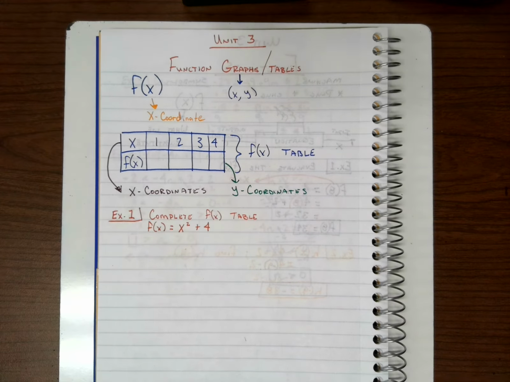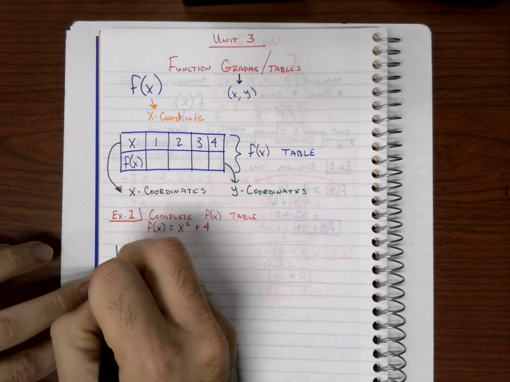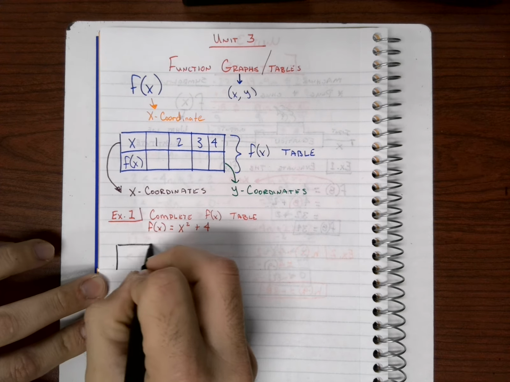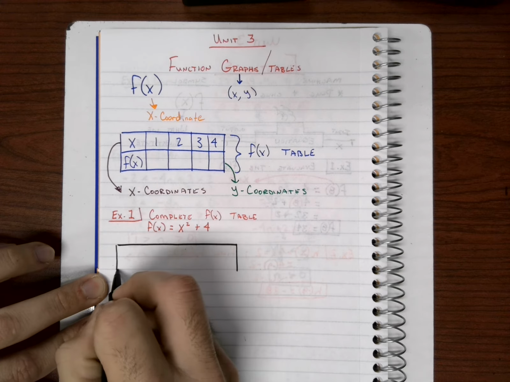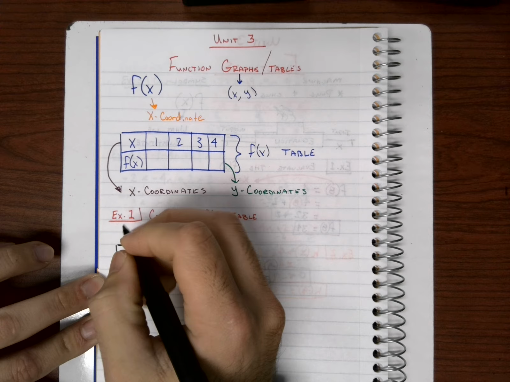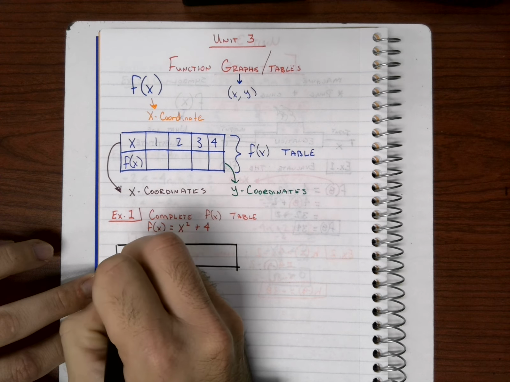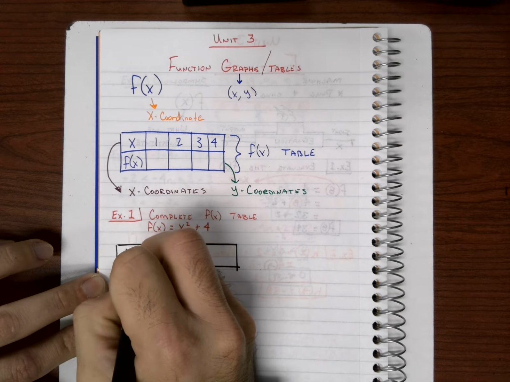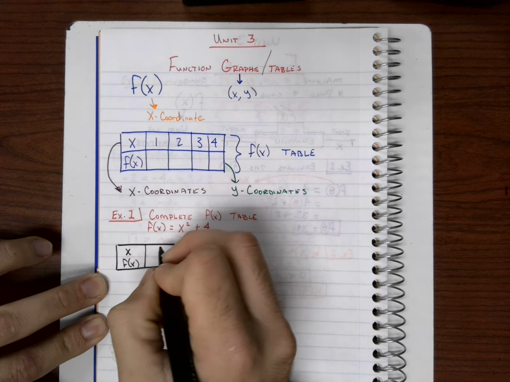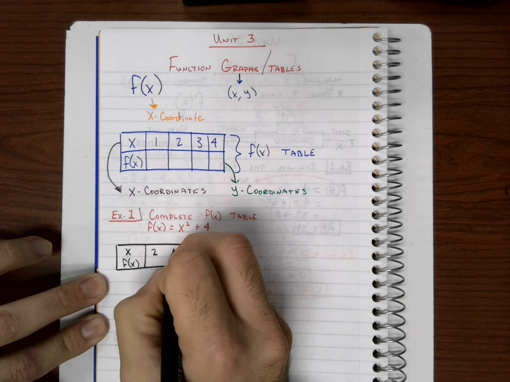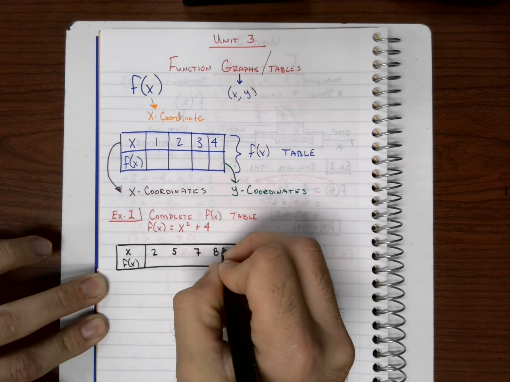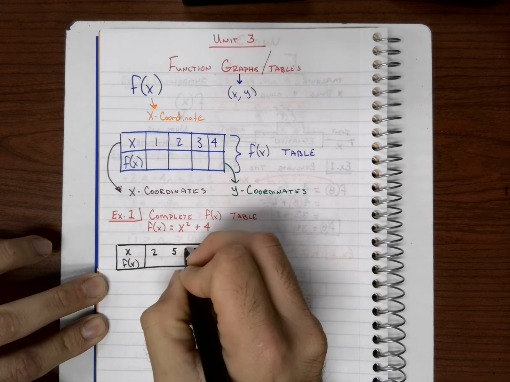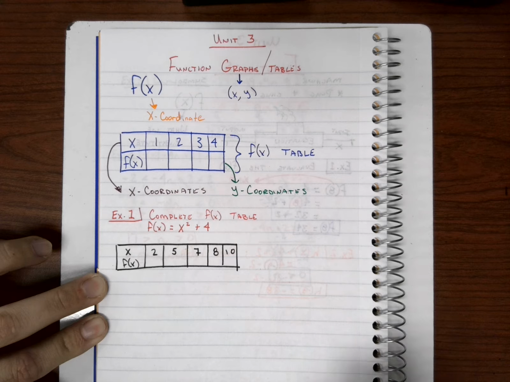And here's our function table. So we have x, f of x, and we're going to have 2, 5, 7, 8, and 10. And I'll give you guys just a second to go ahead and fill yours in.